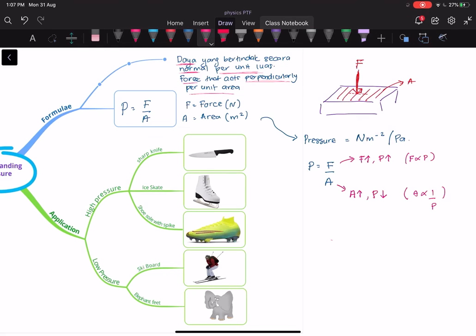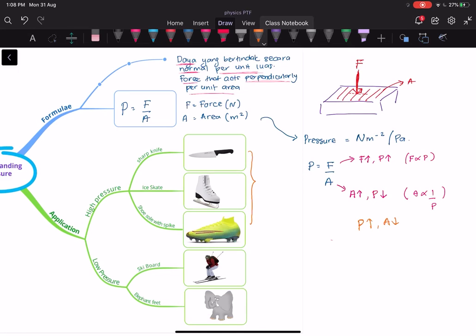Now based on that, let's look at some applications here. First of all, applications that relate to producing a high pressure. Remember, kalau kita nak tekanan yang tinggi dihasilkan, maka luas permukaan mestilah kecil. Let's look at these three examples that I've given here. Contoh yang pertama ni adalah pisau yang tajam.